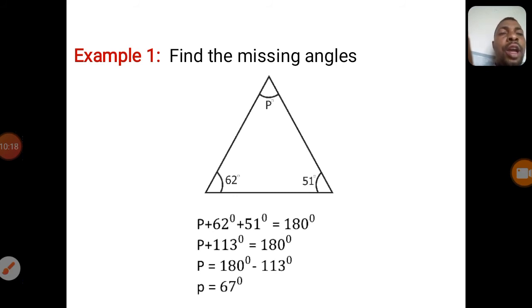When you rearrange, P is equal to 180 degrees minus 113. Of course, you know that when a positive sign crosses the equality sign, it will change to negative. That's why 113 degrees is changing to what? Negative on the right hand side of the equation. From there we have P to be what? 67 degrees.